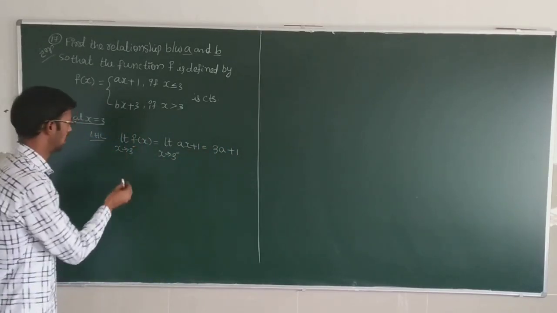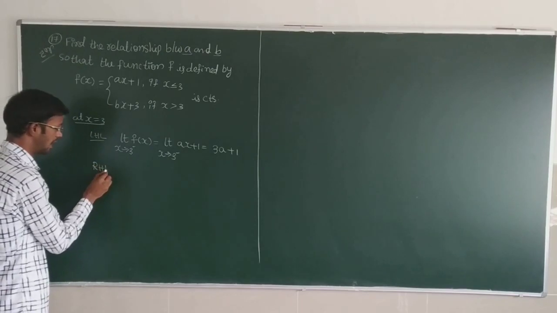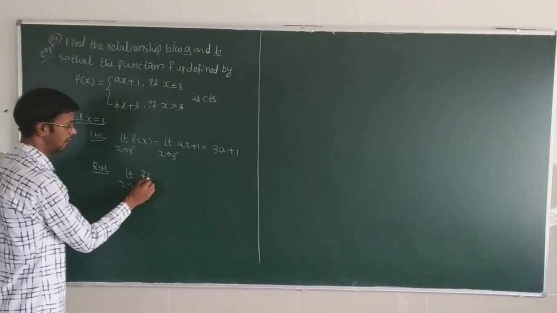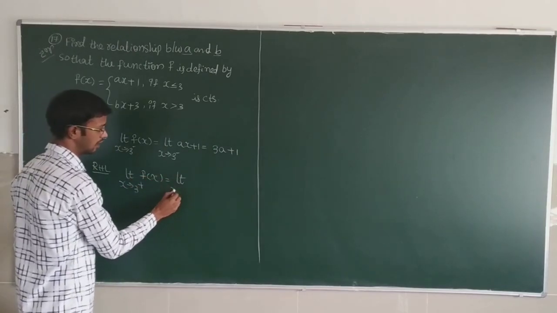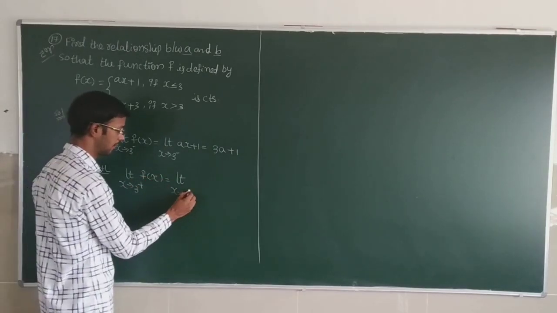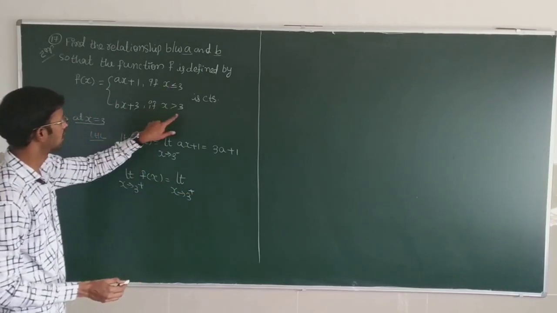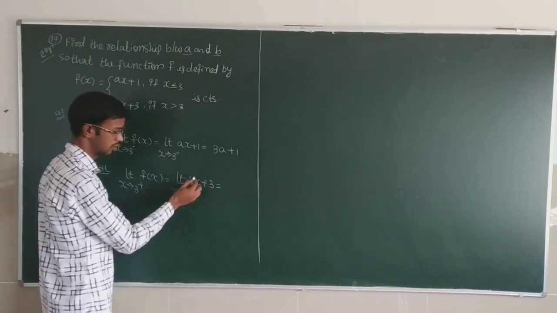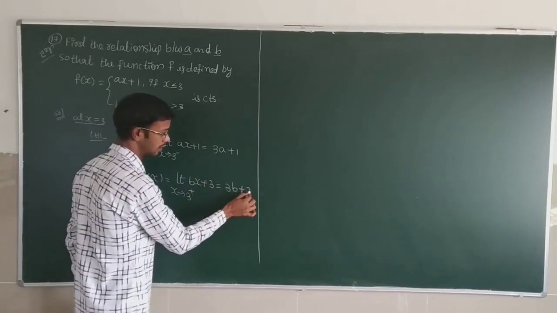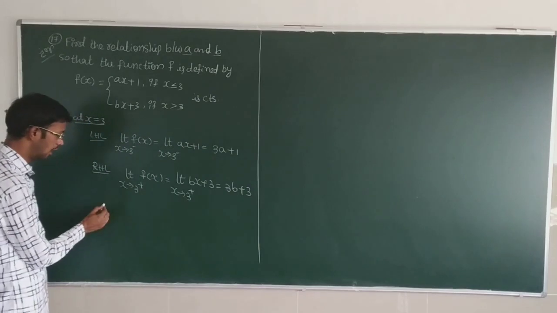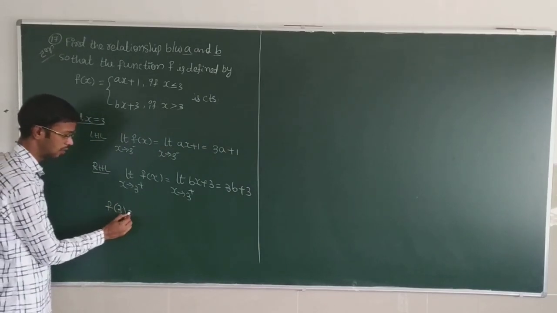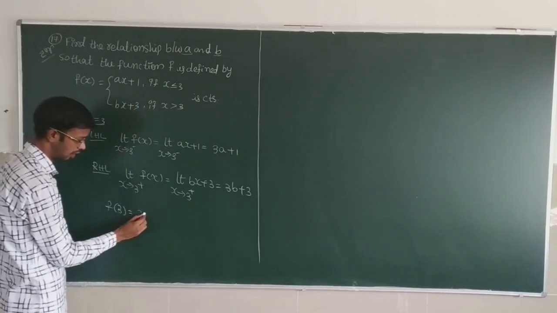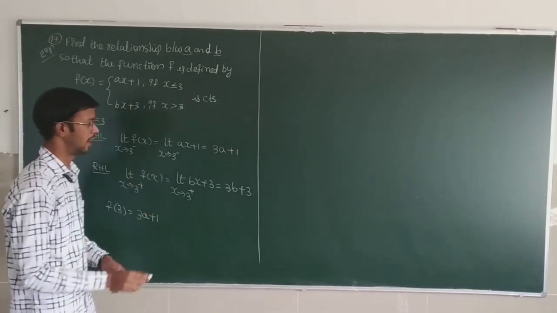Next, RHL: limit x tends to 3 plus f of x is equal to limit x tends to 3 plus, for x greater than 3, bx plus 3. Substitute x is 3, 3b plus 3. Next, how to find f of 3: f of 3 is equal to ax plus 1 with x is 3 substituted, 3a plus 1.